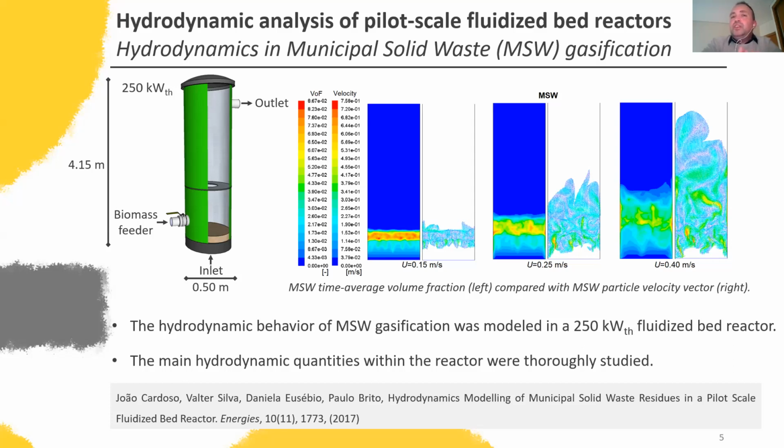The great difference from combustion is that in gasification, we are under stoichiometric conditions. We put oxygen in an amount that is not at the stoichiometric condition, so we put less oxygen, let's say.